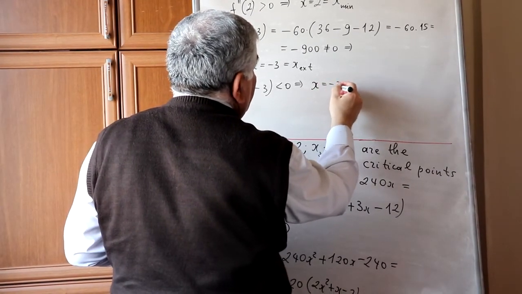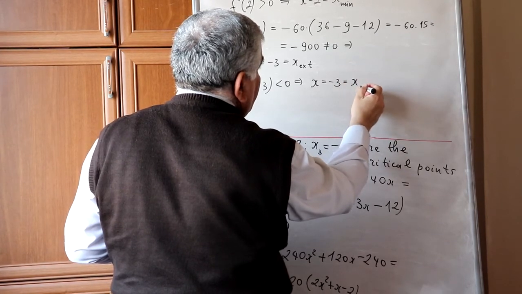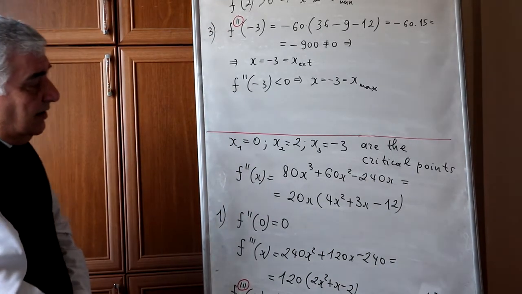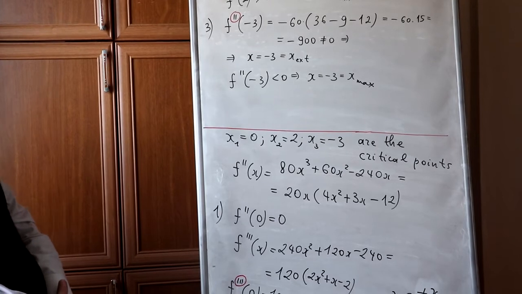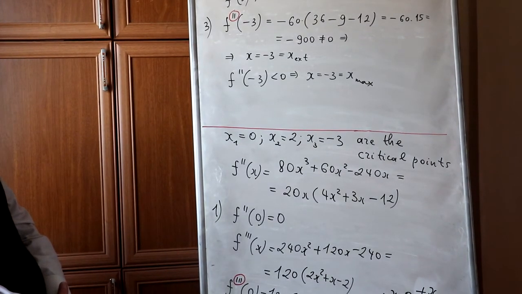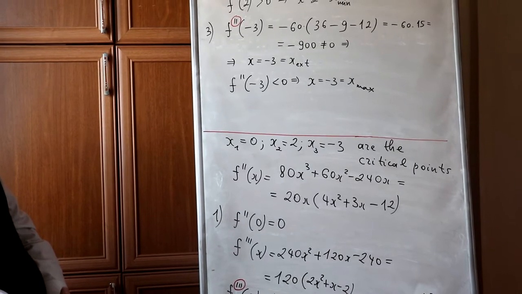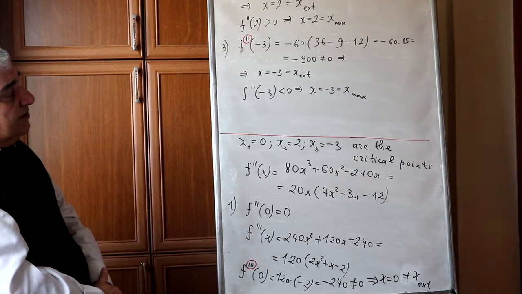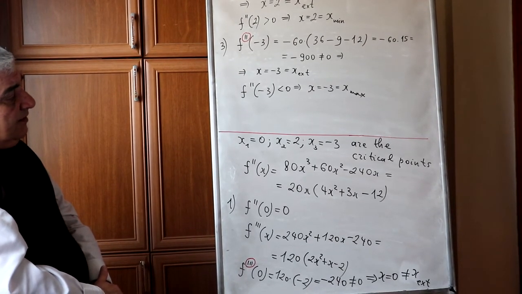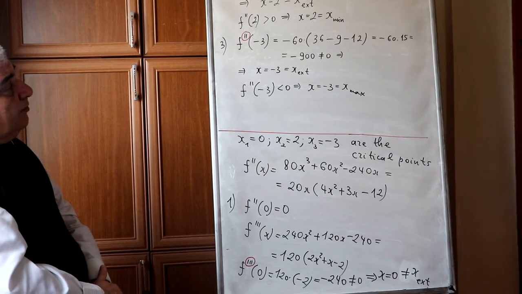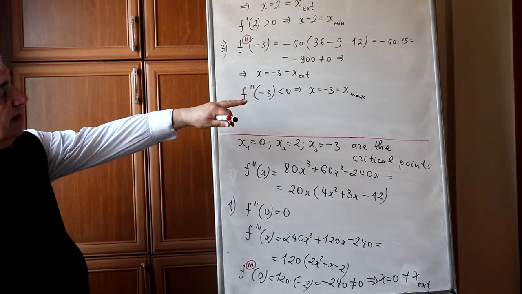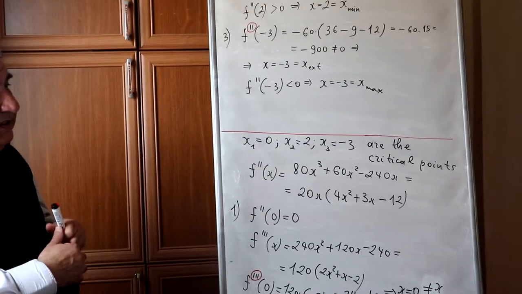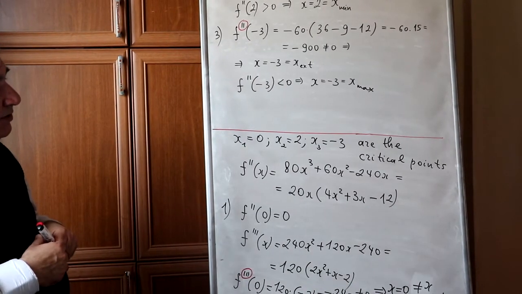X equals minus 3 is a maximum point. Thus, we investigated the given function for extremum points with several of the higher derivatives, and in the end our function has one minimum point, it is 2, one maximum point, it is minus 3, and 0 in general isn't an extreme point.